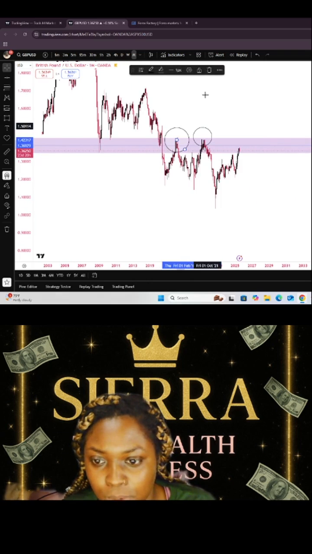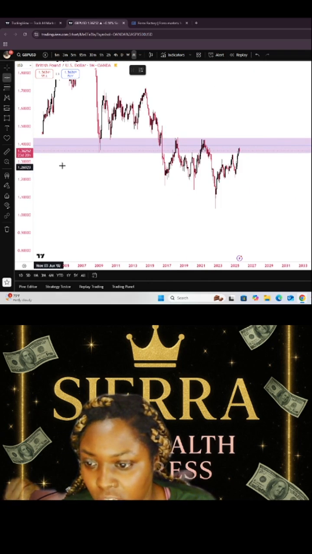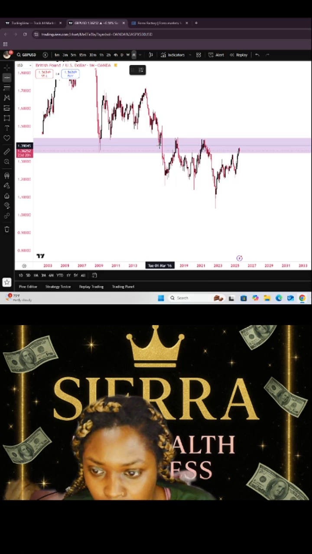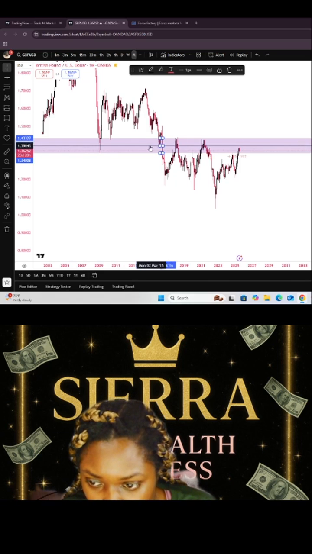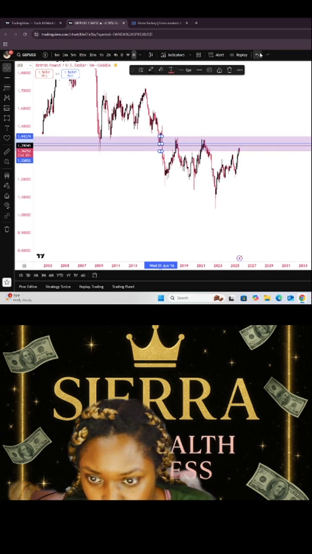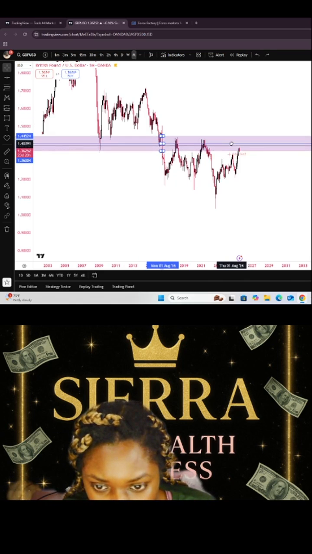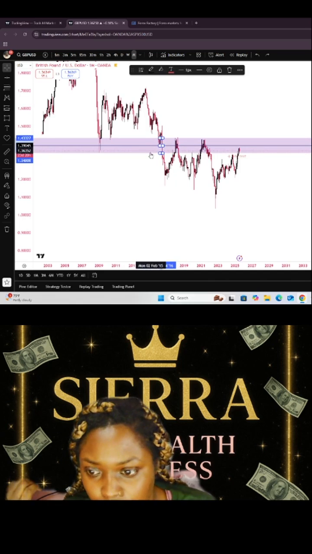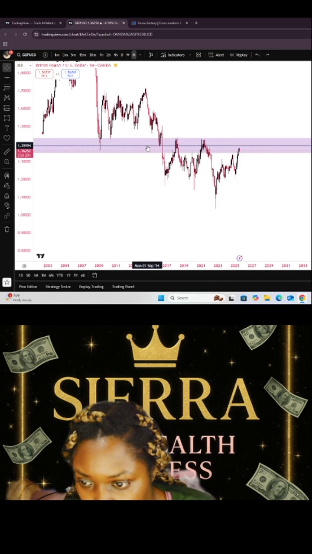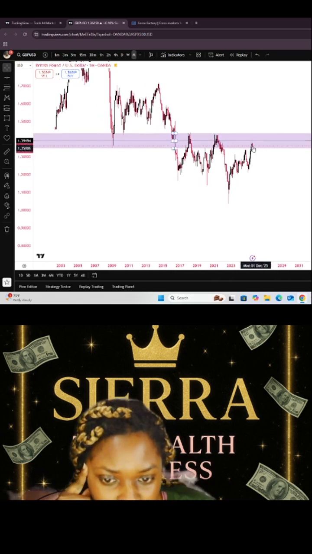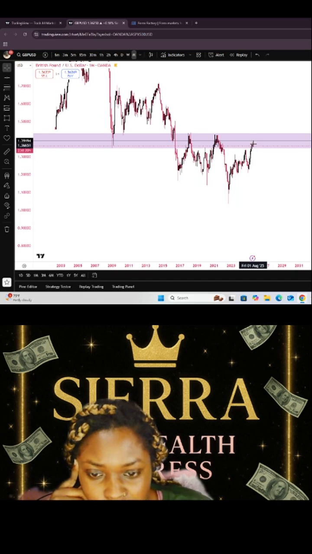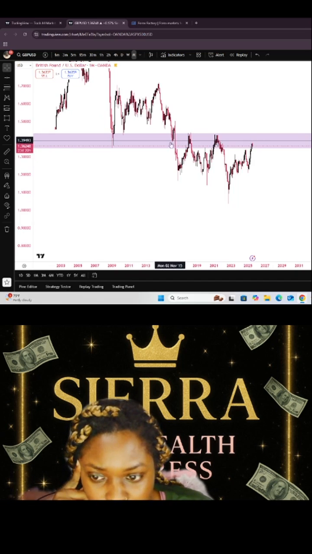So this is going to be my first zone. Okay, and I'm just going to take my horizontal line and put it on top of that blue line there. I like to get it as perfectly as possible. Okay, and this is current price right here. So this is the area that I want to see price come to next.